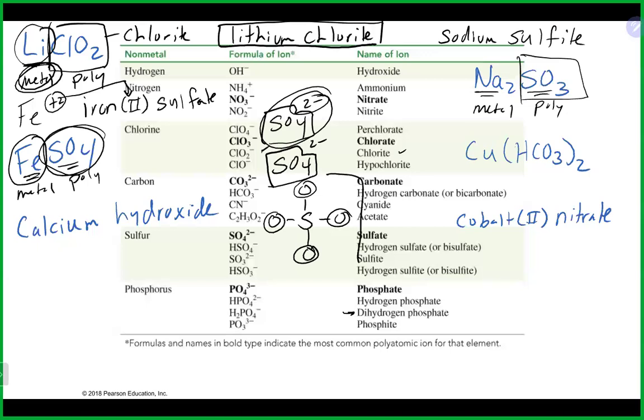This entire thing has a -2 charge overall. So that entire kind of unit has the -2 charge. And that is what the Roman numeral indicates is what the charge is. Not what the charge is, but it would be what the charge is on the iron. And that is why the iron has a +2 charge because the negative guy has a -2 charge. So that equals 0 when you put it together.